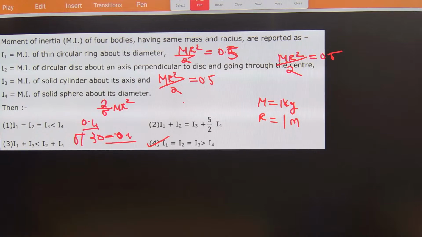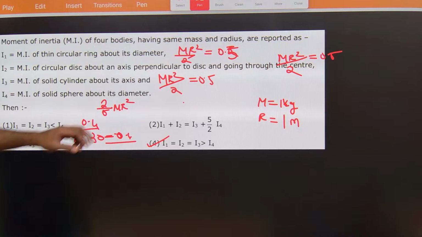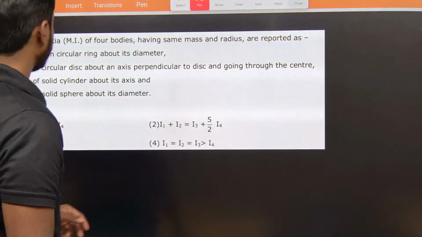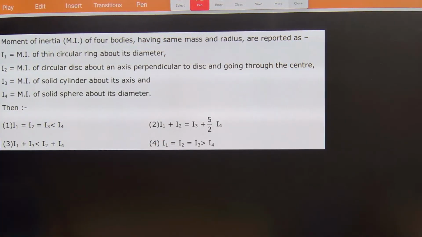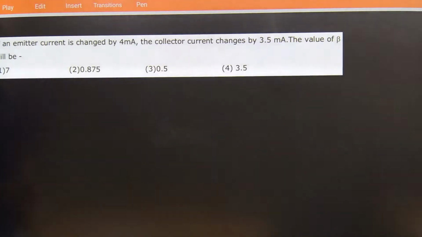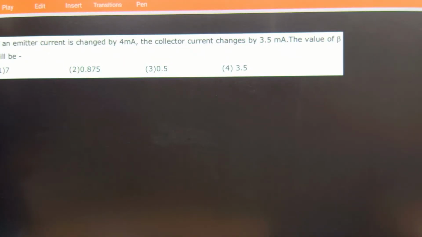Can we see the next question? Yes. The next question is, if an emitter current is changed by 4 milliampere and the collector current changes by 3.5 milliampere, the value of beta will be. Okay.